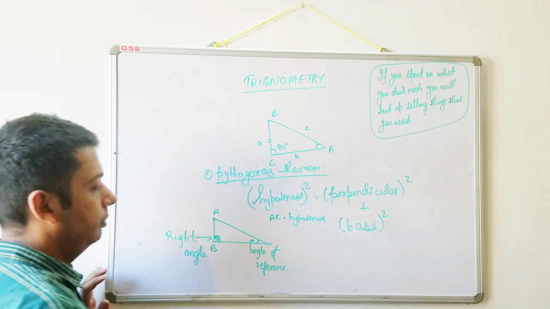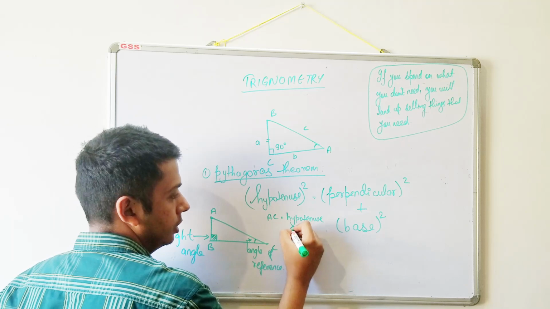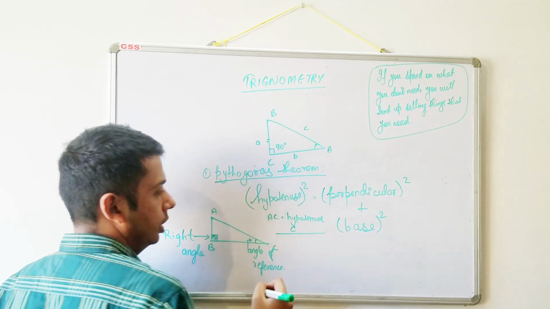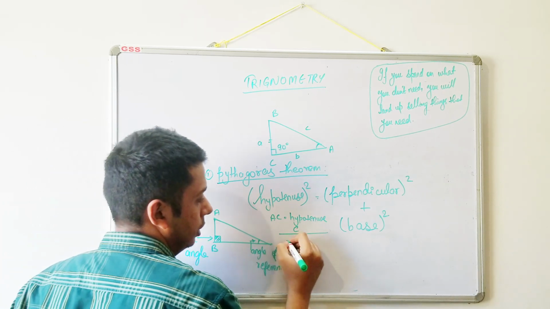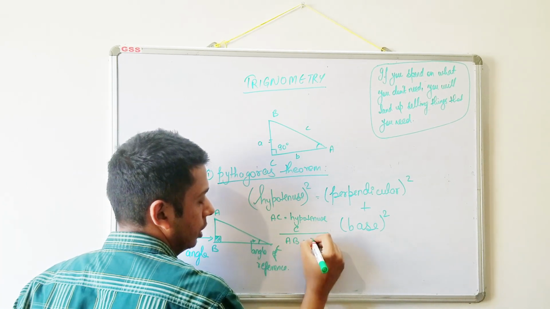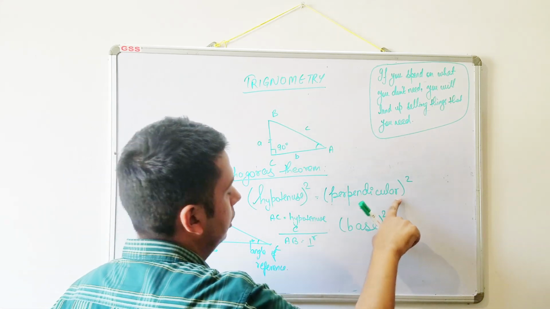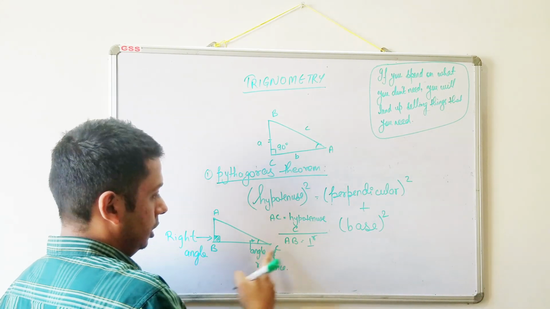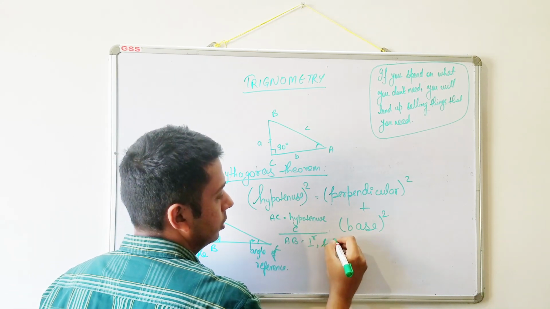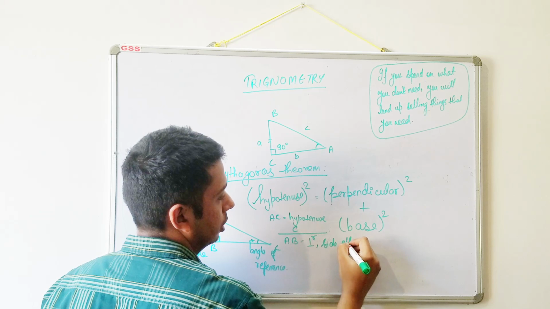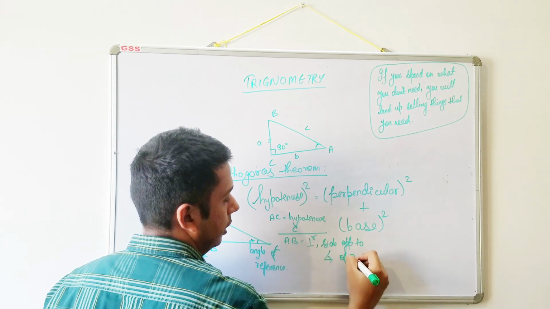At the same time, if C is my angle of reference, in that case, AB is my perpendicular. So this is also a way of writing perpendicular, and perpendicular is the side opposite to the angle of reference.